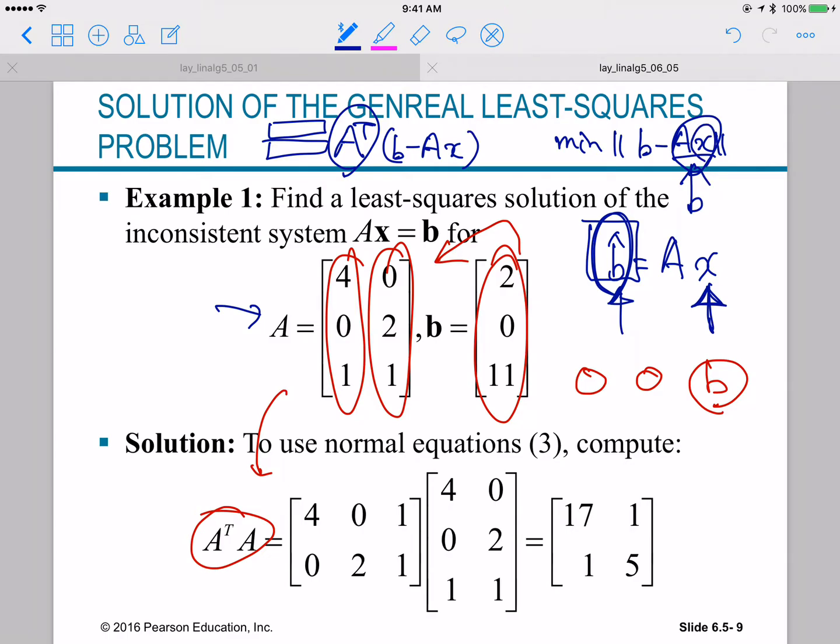But now, in case A has orthogonal columns, let's think about this special case where the columns of A are orthogonal to each other. In that case, we can easily compute B hat from what we learned in the previous chapters.